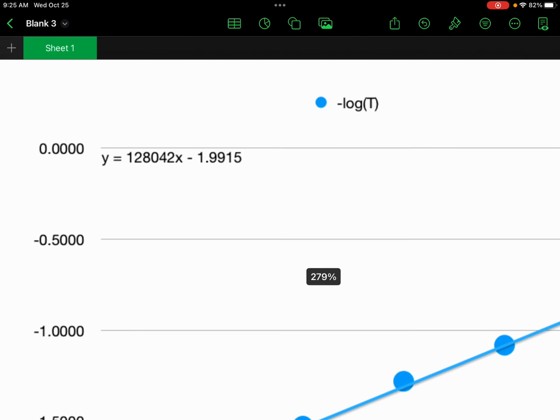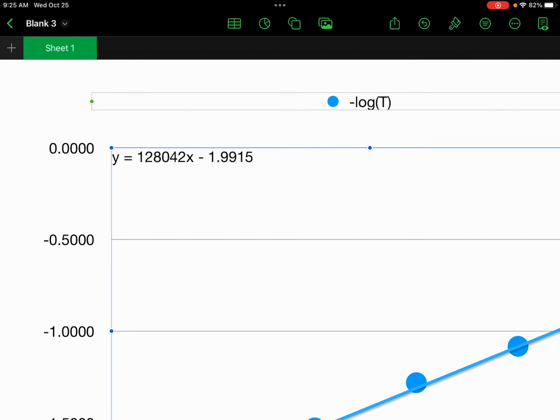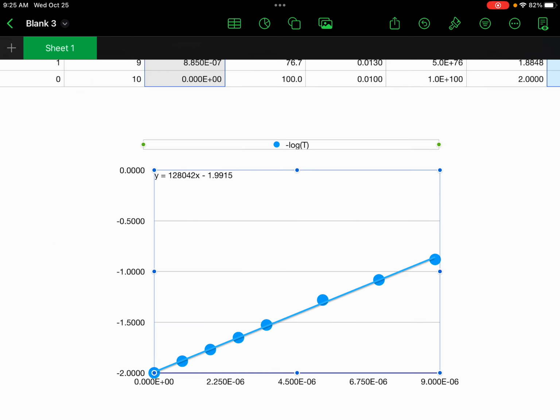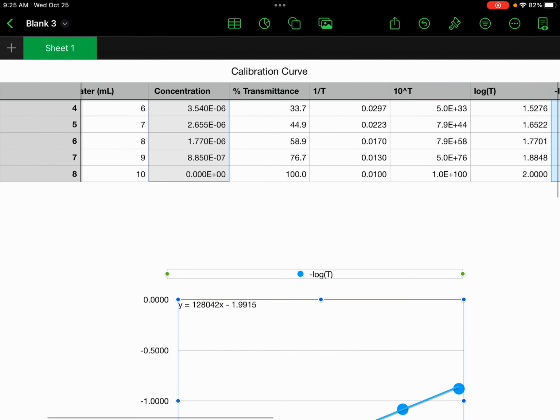So now that I have that equation, this equation corresponds to this line. In other words, y is going to be the negative log of t.